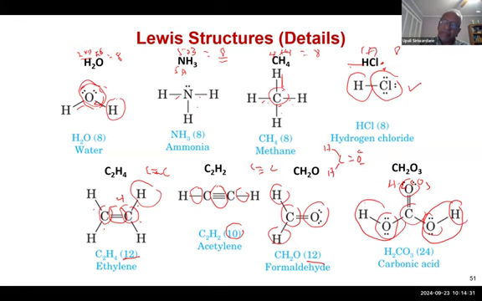The sum of the lines and dots representing lone pairs and bond pairs adds up to 24 electrons. That's the sum of the valence electrons: 6, 2, and 6 times 3 is 18. If you add this up, this is 24. Okay? That's how you get 24 valence electrons for carbonic acid.